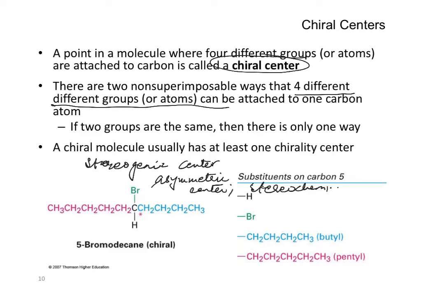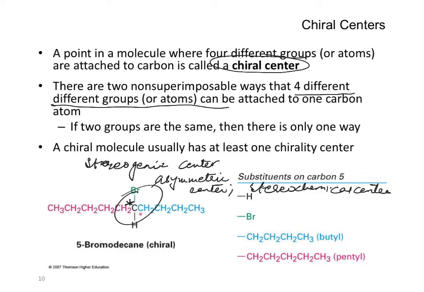Either way, if you had to find it, you would look for the sp3 hybridized carbon with 4 different groups, and you would put an asterisk to show the presence of one. And if you have at least one, you would say that there is chirality in the molecule.